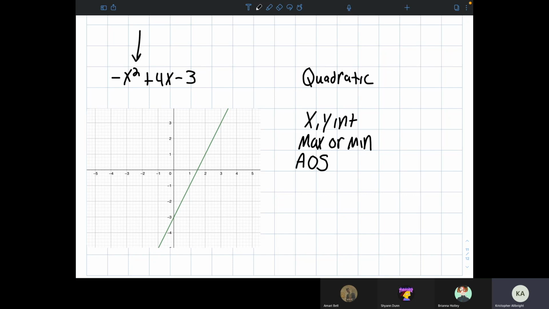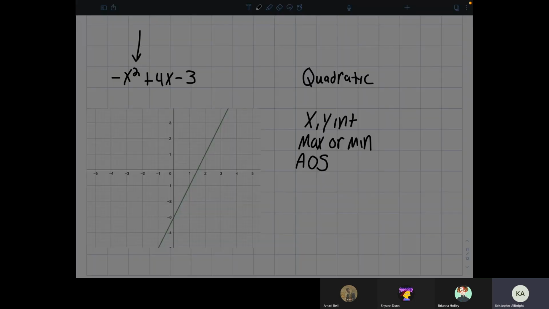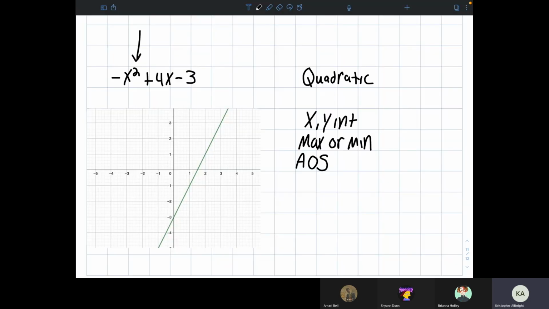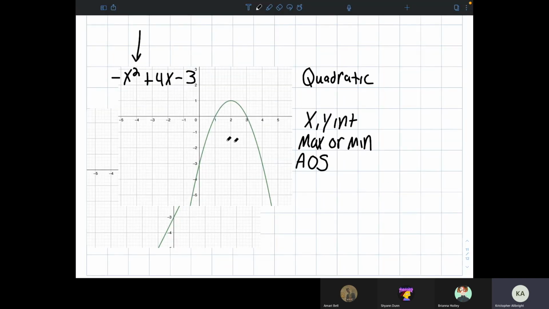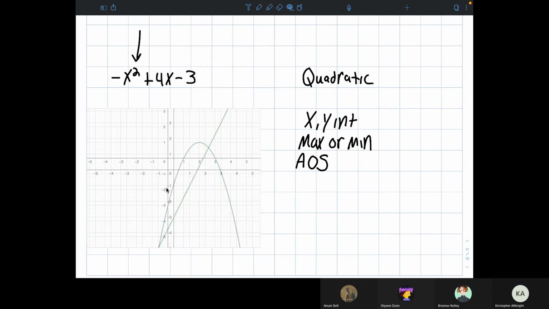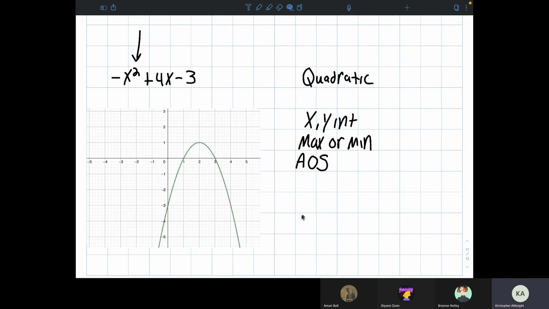So let me go back real quick and I will type it the right way. Okay, so let's ignore everything that I just did and think about this equation.